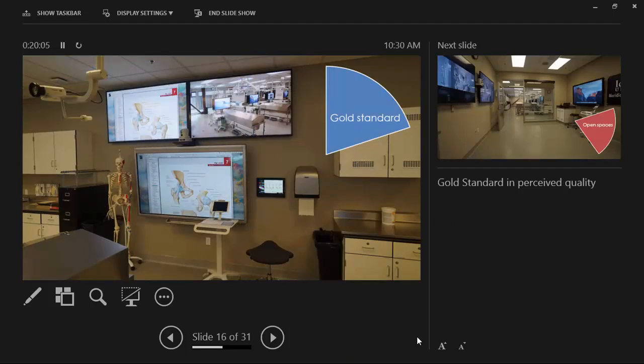Again, this gold standard, this perceived quality, we wanted to have nice sharp displays, and actually they are sharp displays. So this is a picture of the gross anatomy lab. It's kind of hard to get a real concept of what it is in one image.